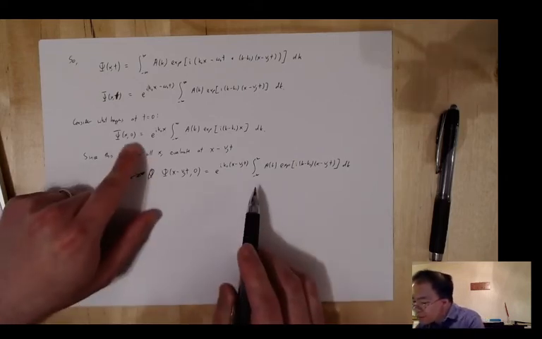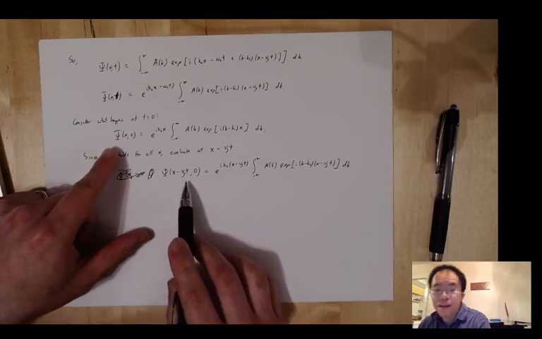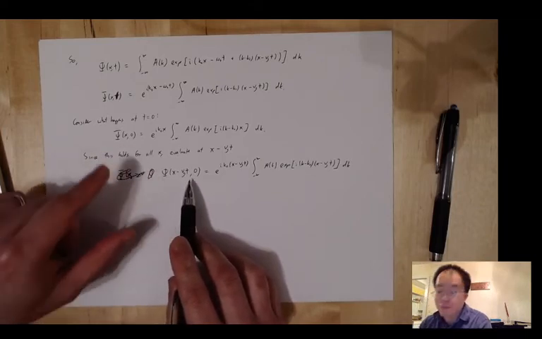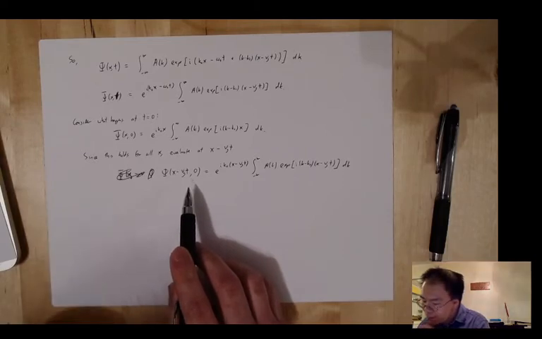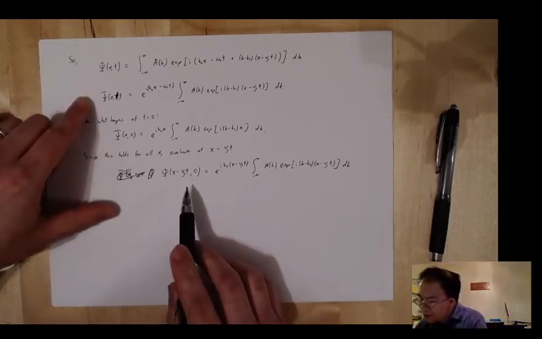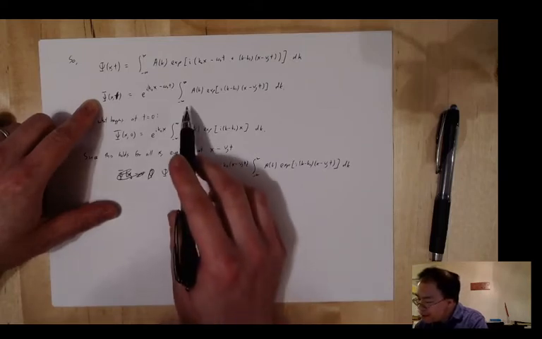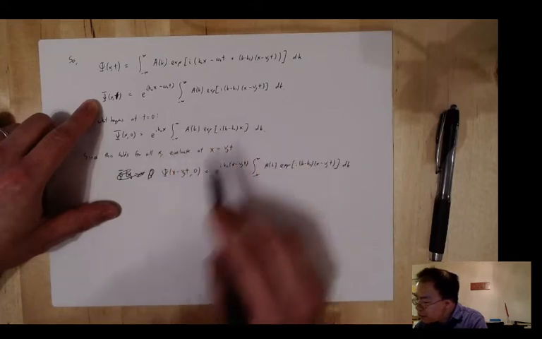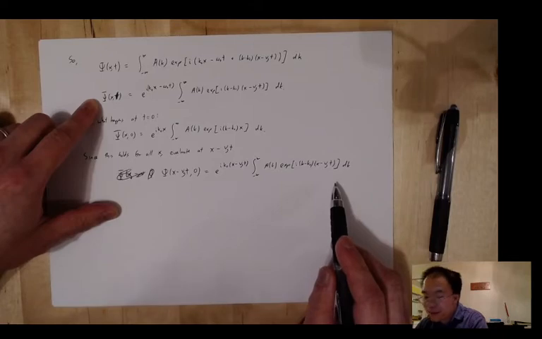So now let's look at these two expressions: our wave function at t equals 0 and further back, and our wave function psi of x,t. Notice that the actual integrals are exactly the same.